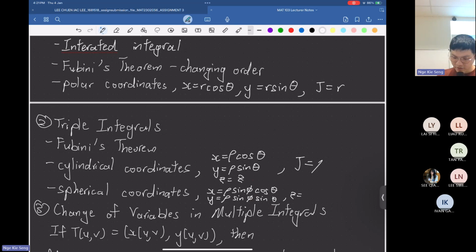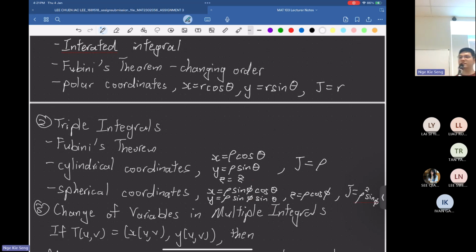Then z equals rho cos phi. Correct. And what's the Jacobian here? Rho squared sine phi. Okay, that's all.